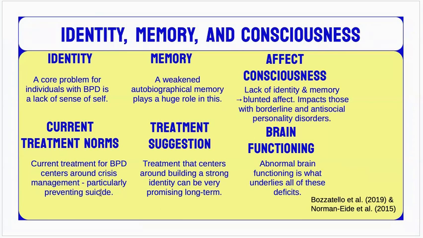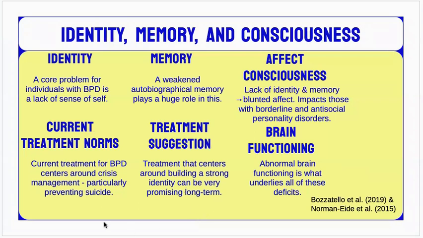Currently treatment for borderline personality disorder is focused on crisis management and suicide and self-harm prevention. But a treatment suggestion that has been proven to work through a long-term longitudinal study is giving people a reason to want to live through building up their identity and their sense of self. And both are important.